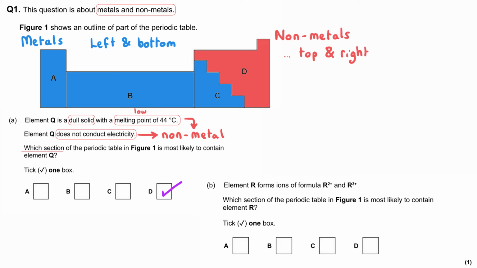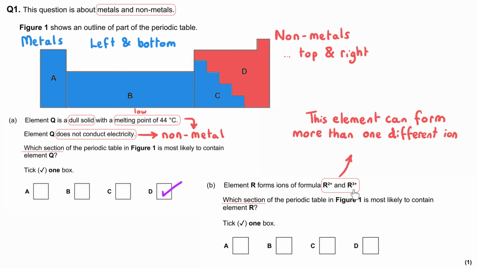And then we're told that element R forms ions with a formula of R2+ charge and R3+ charge. And we're asked which section of the periodic table is most likely to contain element R. Well, for triple chemistry, you need to know that elements that can form more than one different charged ion that is positive as well is the transition metals.